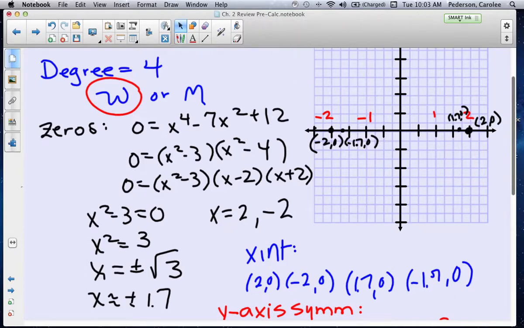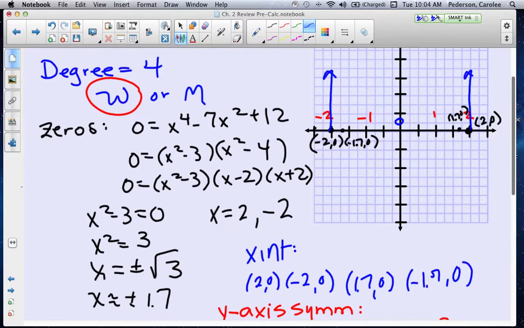So those farthest out x-intercepts are going to be rising and rising. And then we have the shape of a W. So then you may want to just try something like evaluate the function for 0, and then just what happens in between there to get that shape. Wait, so there's a curve between the 2 and the 1.